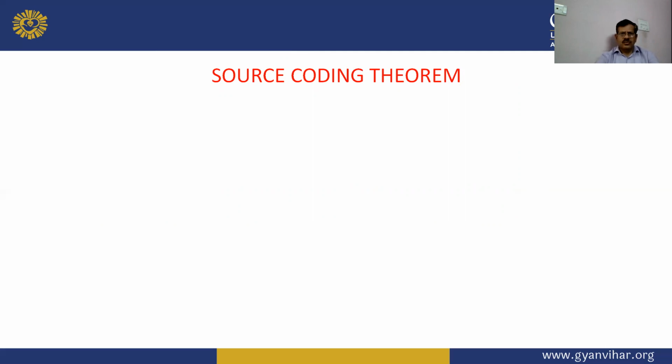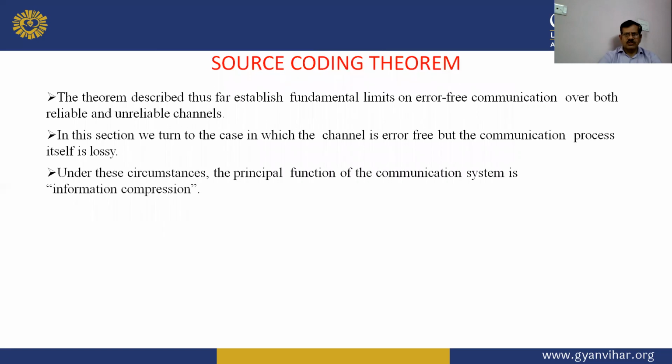Now we will discuss the source coding theorem. So what is the source coding theorem? The theorems described thus far establish the fundamental limit on error-free communication over both reliable and unreliable channels.